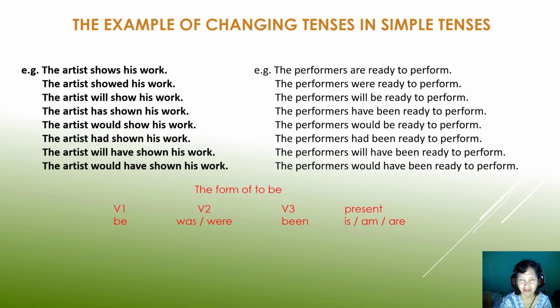The other verbs have verb 1, verb 2, and verb 3. But to be, we have verb 1, verb 2, verb 3, and present form. That's why if the tense is called simple present, if it is nominal sentence, if the predicate is to be, we use the present form, not verb 1.